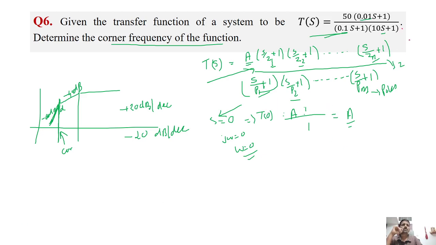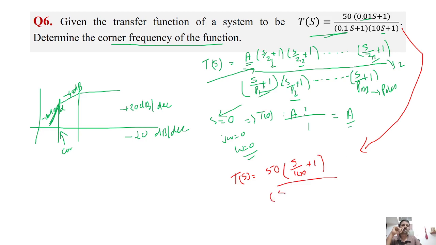From this transfer function we can rearrange it in a manner similar to our general function as 50 into S by 0.01, that is S by 100 plus 1, and 0.1 S is S by 10 plus 1, and 10S means S by 0.1 plus 1. So from here itself we can say what the zero is. This Z1 equal to 100.